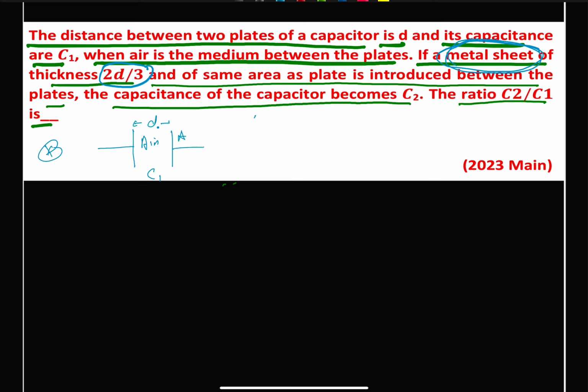Let us call this the initial capacitance, which is mentioned as C1. So we can write C1 will be equal to epsilon naught A upon D.